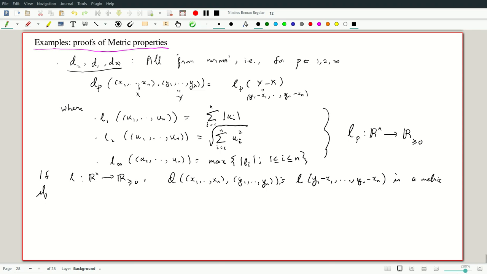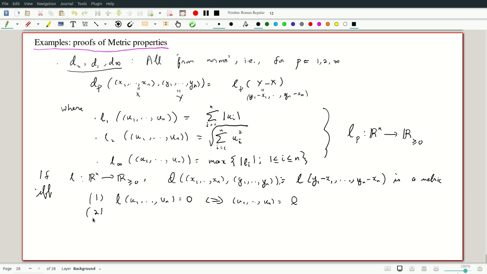if and only if the following translation of the three properties holds. The first property says that the distance is 0 if and only if the vectors, which are the points here, are equal, but that's the same as saying the difference is 0. So this says that L of u1 to un equals 0 if and only if the tuple u1 to un is the 0 vector.